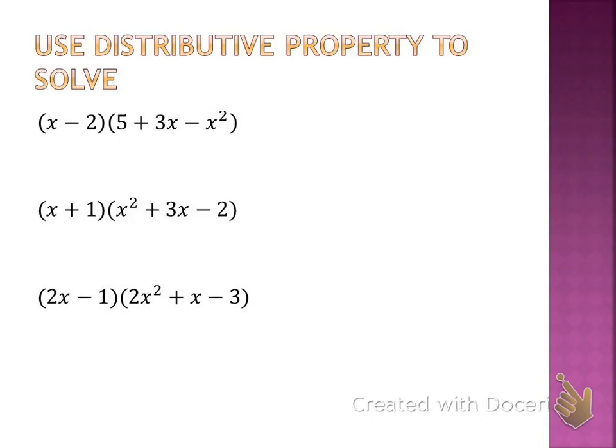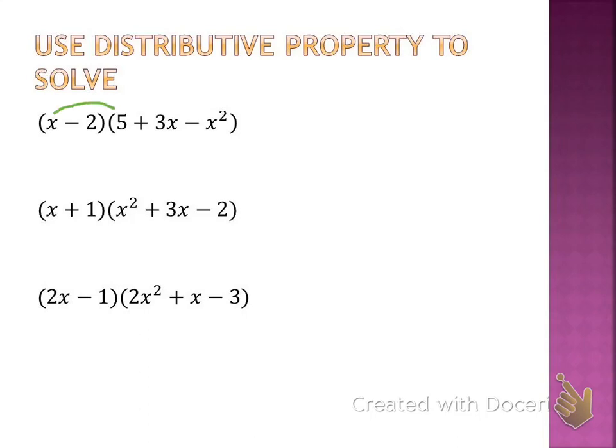We've already learned the distributive property this year. Distributive property means whatever is on the outside has to be multiplied by everything on the inside. Well, let's look right here. I've got two different terms on the outside. It's not going to change anything.